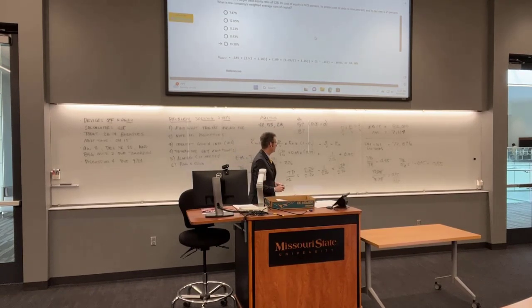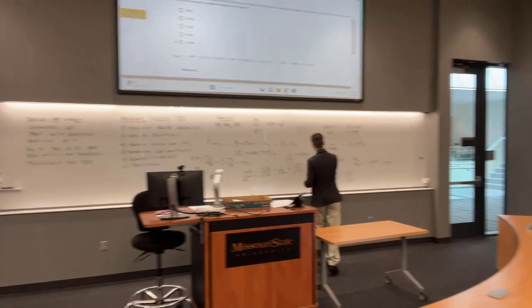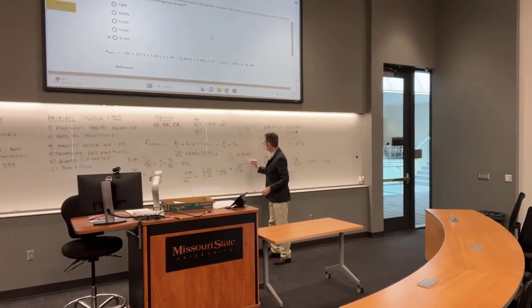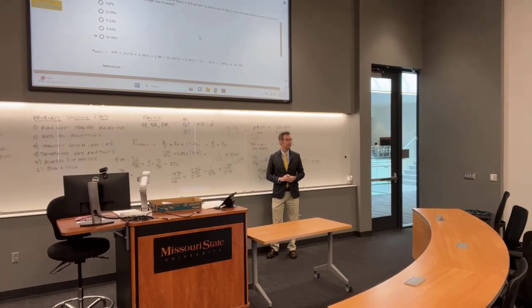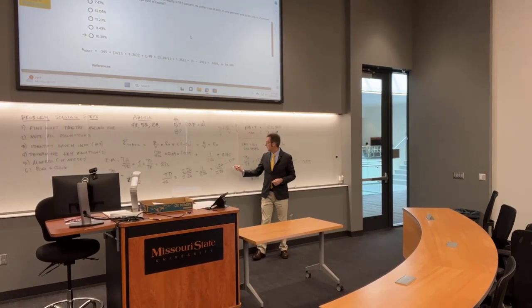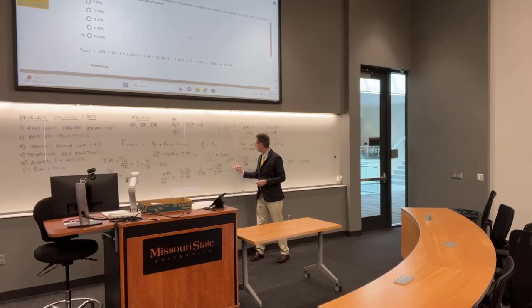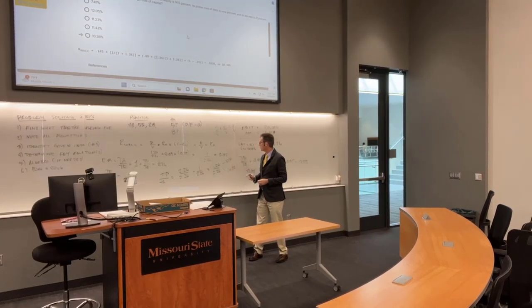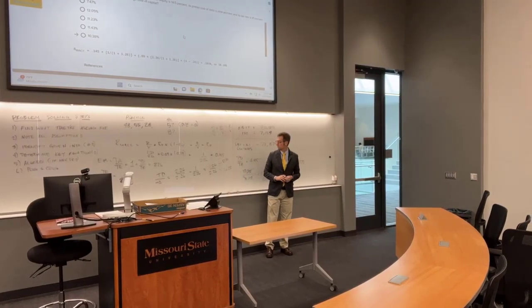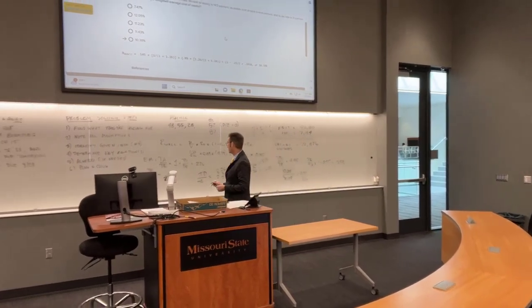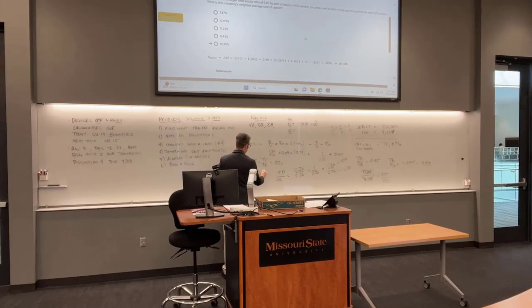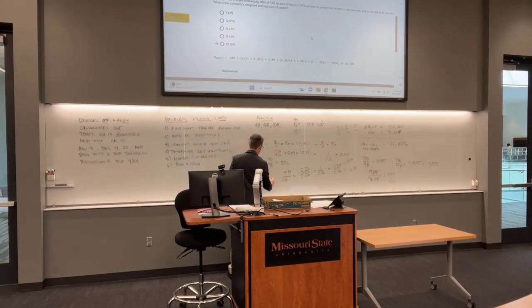So let's talk about what these numbers actually are. This is the debt to equity ratio. Do you recognize it? And this is 1 plus the debt to equity ratio. Does that make sense? Now, what does this mean over here? This is just 1 over 1 plus the debt to equity ratio.